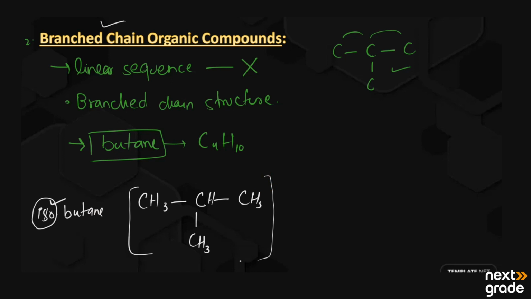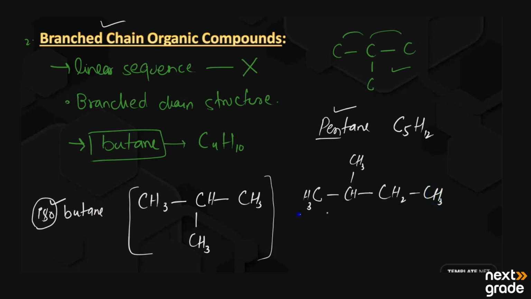If we take the structure for pentane, pentane means 5 carbon atoms, C5, and the hydrogen we have is 12. So its formula is CH3, with the side chain there CH3, CH, and we have CH2 and CH3. Here we have a total of 5 carbon atoms, and this is the branch chain structure for pentane, and it is known as isopentane.